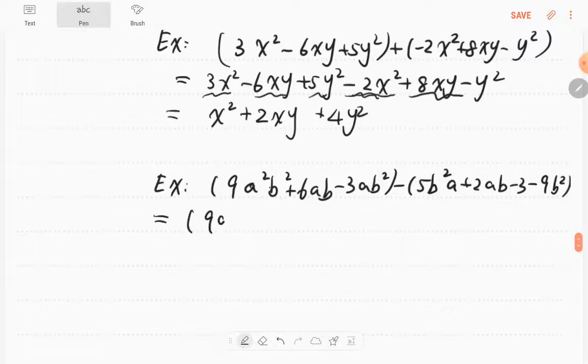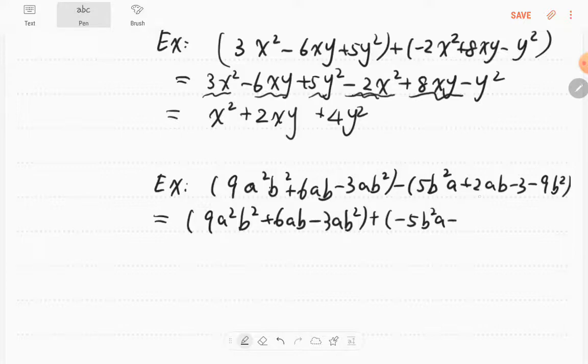So first step, we're gonna change our subtraction to be an addition. So it's just like a plus the opposite of each term. Next step, we will just remove the parentheses.